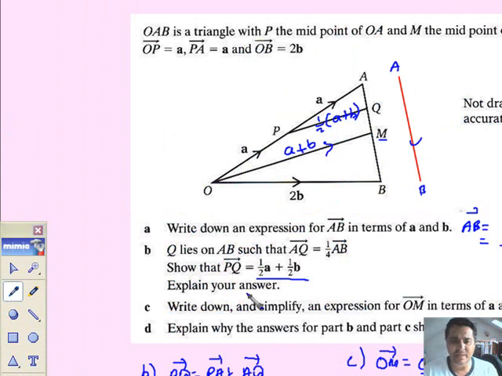B is this half A plus B thing, and I really did factorize it this time, so I can see that A plus B in that direction is completely parallel to the half A plus B in that direction from P to Q, exactly parallel to vector A plus B running from O to M. If they're parallel, then I've got one set of parallel lines, and therefore that's a trapezium.